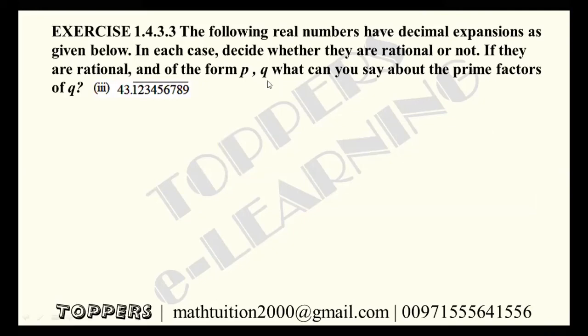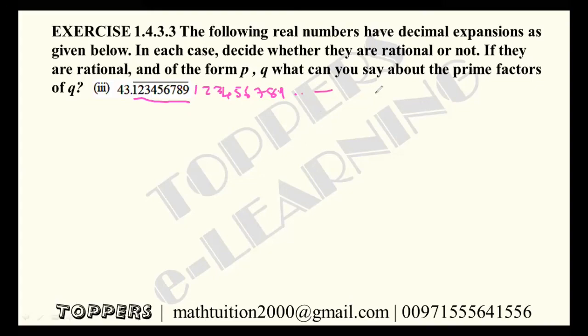They have given the decimal expansion as 43.123456789 with the digits repeating again and again. Again, we have 1, 2, 3, 4, 5, 6, 7, 8, 9. Again, it keeps repeating, goes on. So it is non-terminating but repeating.